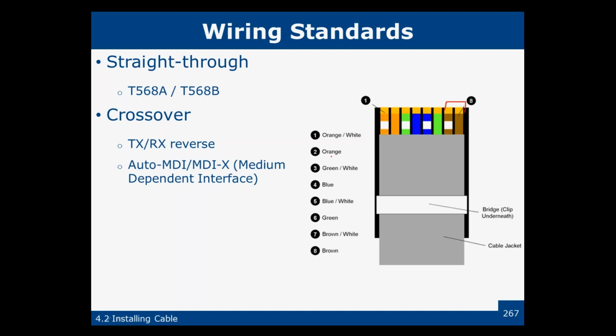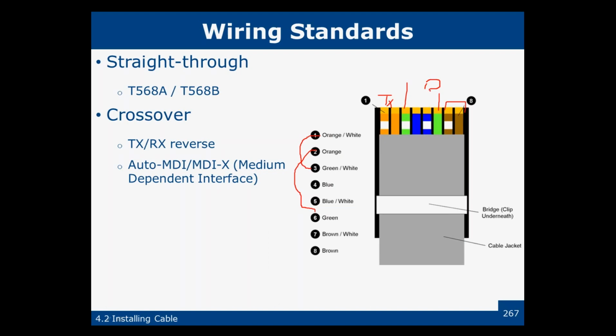When we have the A standard, and if we make a crossover cable, we cross 1 and 3, and 2 and 6. What that does is the oranges here are the transmits, and the 3 and 6 are the receives.